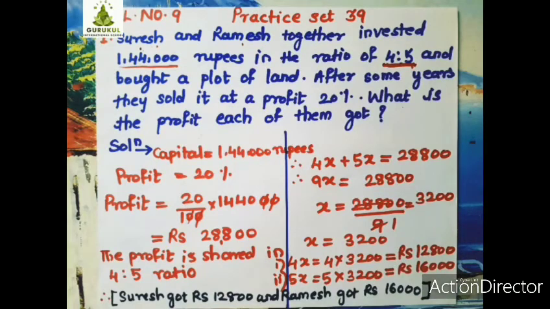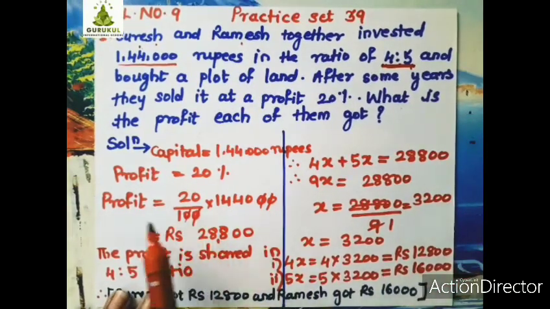Each sum will not be the same. You have to judge, but basically you have to remember that you have to first find out the percentage profit or loss, whatever is given to you. You have to first find out the actual amount.